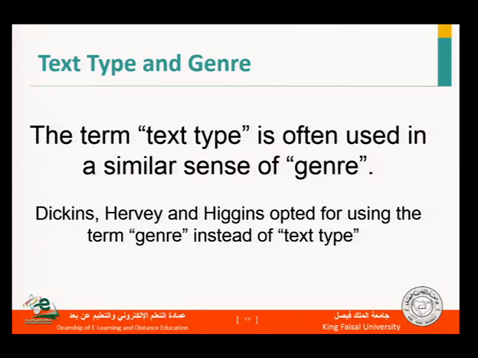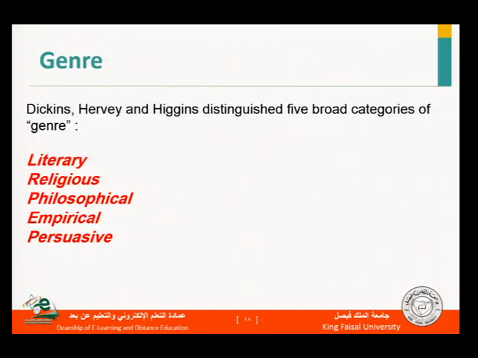The term text type is often used in a similar sense of genre. لذلك هم opted for، يعني اختاروا أنهم يتكلموا عن genre بدل ما يتكلموا عن text type، وقسموا الجنرز هذول إلى 5 أقسام اللي هم literary, religious, philosophical, empirical, persuasive. Literary يعني أدبي، religious ديني، philosophical فلسفي، empirical تجريبي، persuasive يعني إقناعي.